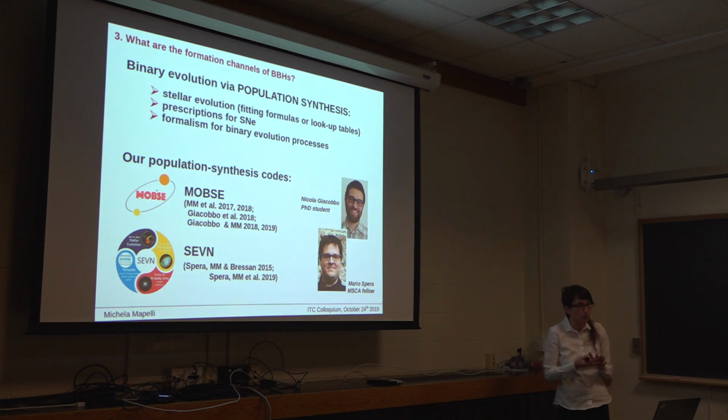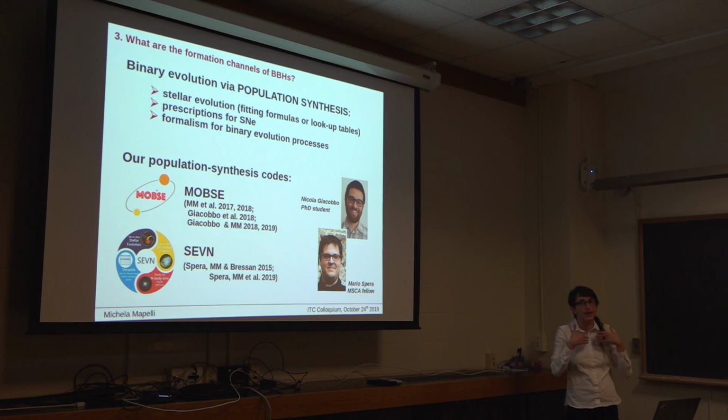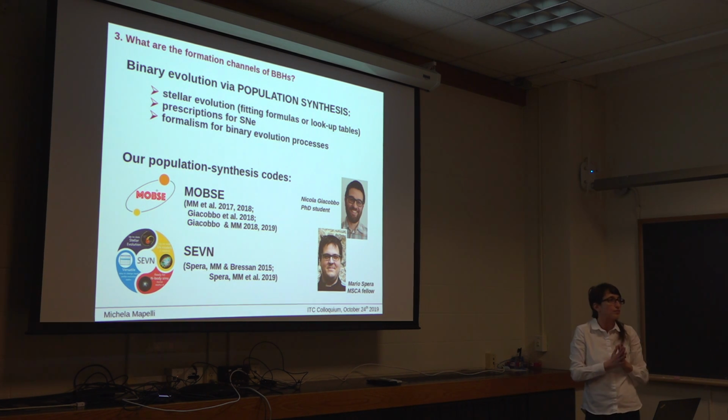And there are at least two different ways to do this calculation. One is to consider just a few binary systems and put in as much physics as we can. Like, let's follow the common envelope with hydro simulation. This is great, but you cannot do it for a large statistical sample because it's computationally challenging.